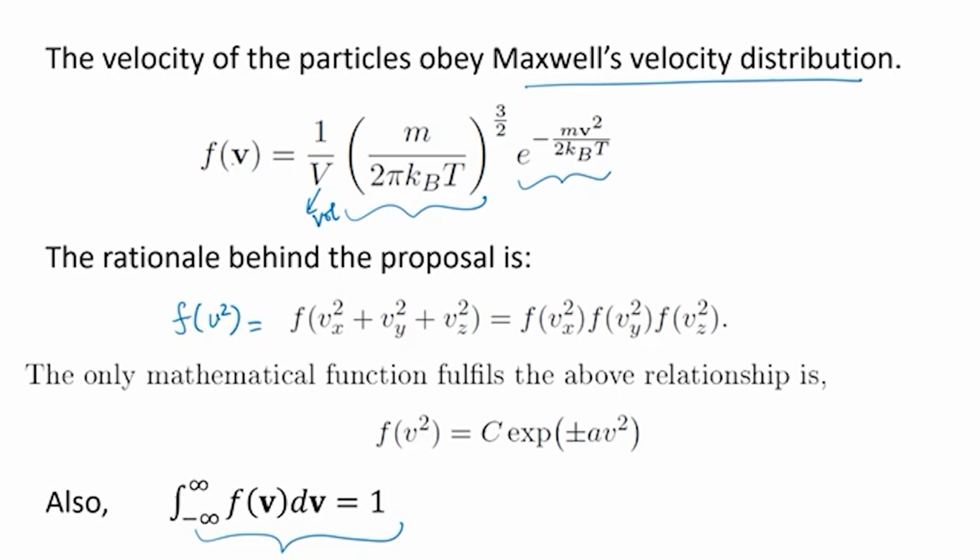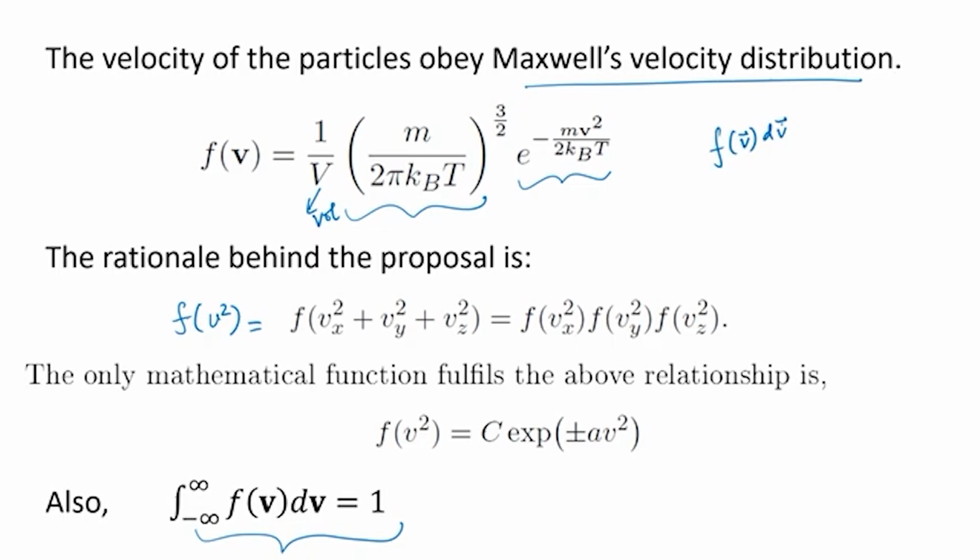So, the probability that the particle velocities are distributed between v and v plus dv is given by f(v) dv.